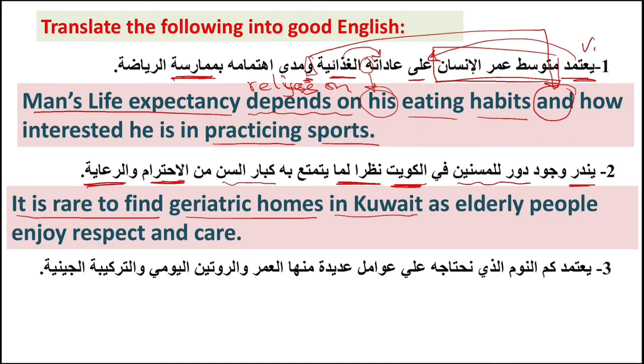Not only could we say as, you can say because and so on. Equivalent, we chose here elderly people, you can make it the elderly. And يتمتع, here you can have enjoy. But in Arabic we have يتمتع به, and we don't say enjoy with, no, just enjoy, because it's يتمتع به, respect and care, as we explained.